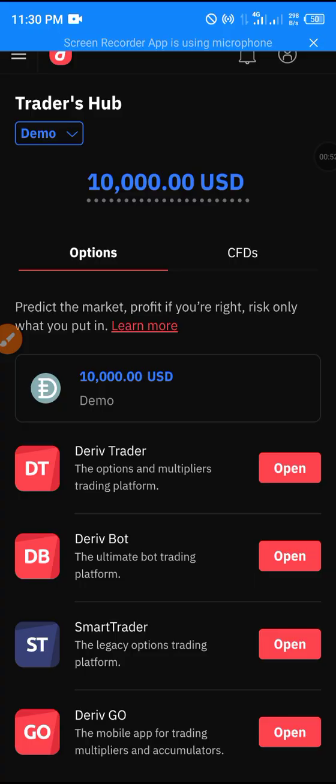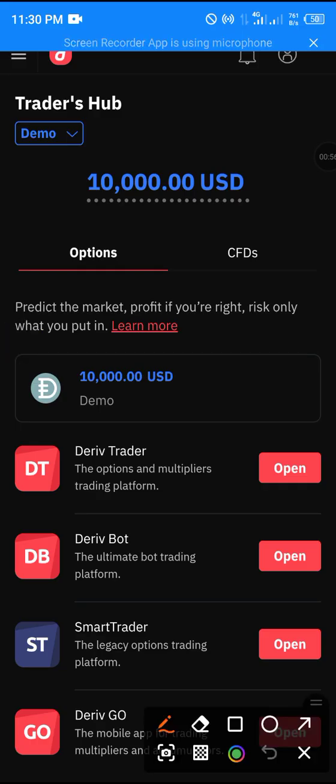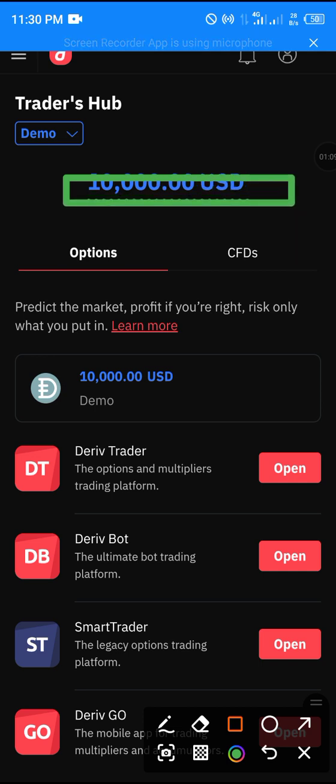Now if you look at it, you will see this place is demo, as you can see, and this is the money that cannot be withdrawn, which is 10,000 USD.